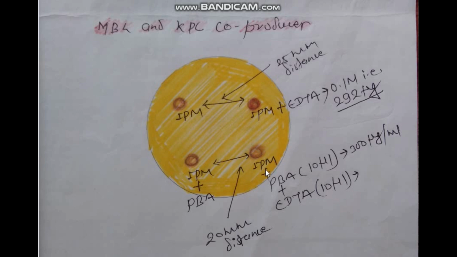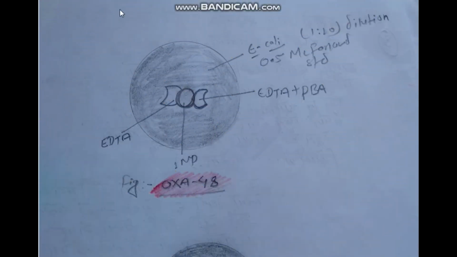If the zone of inhibition of this drug is equal to or greater than 5 mm than that of this drug, the organism is KPC. So in this way, we can detect MBL and KPC co-producers. Okay.